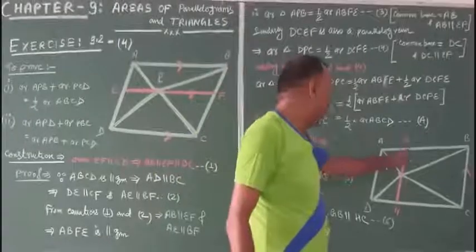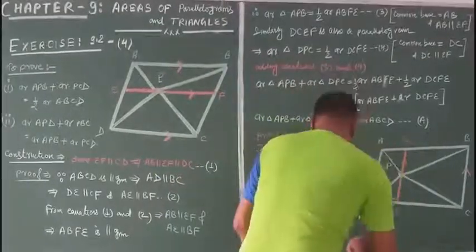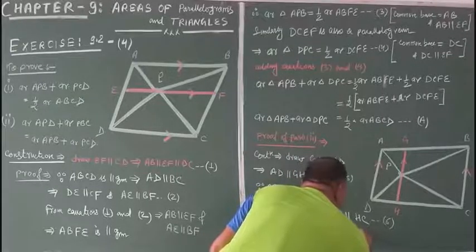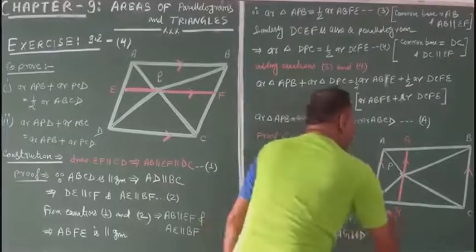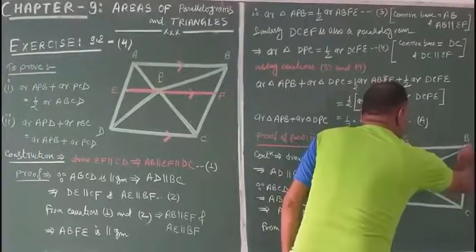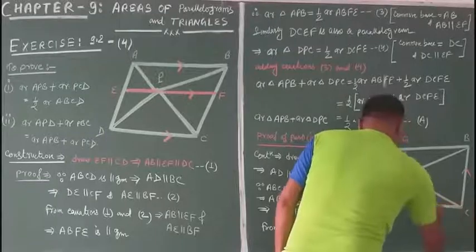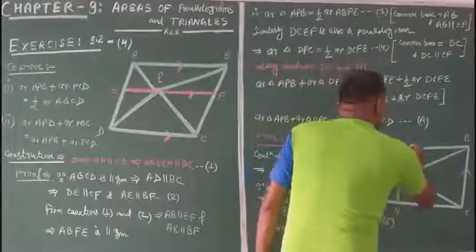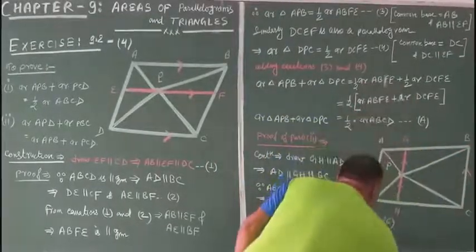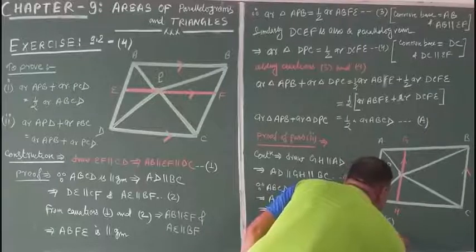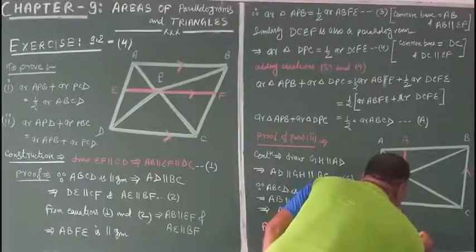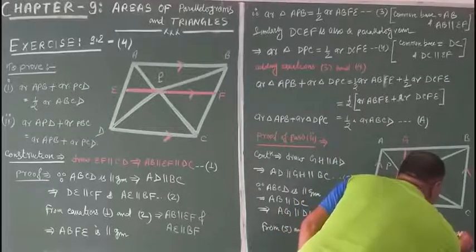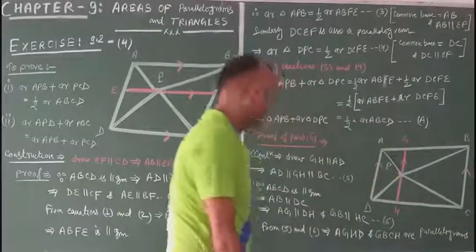This AGHD and BCHG, or GBCH, are parallelograms.